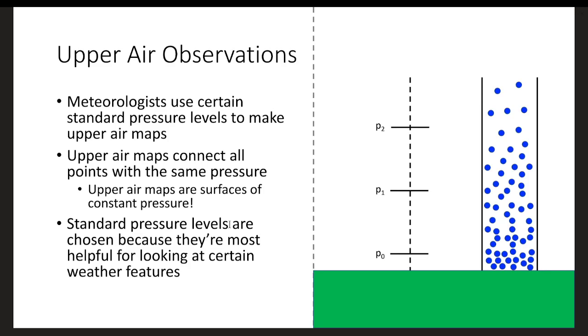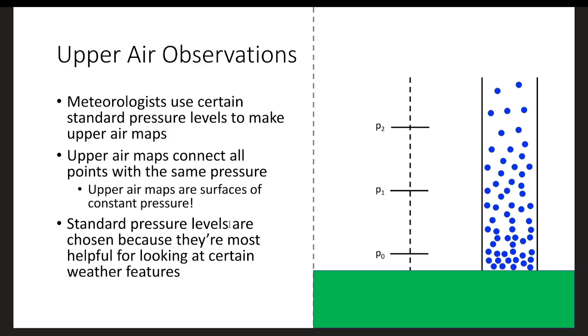So it's not like a straight line across the sky. It's going to have tilts in it because the pressure levels will be at different heights, but they're all roughly around the same area. And we can use those height values to make determinations about the weather in the atmosphere, like the height of a certain pressure level.